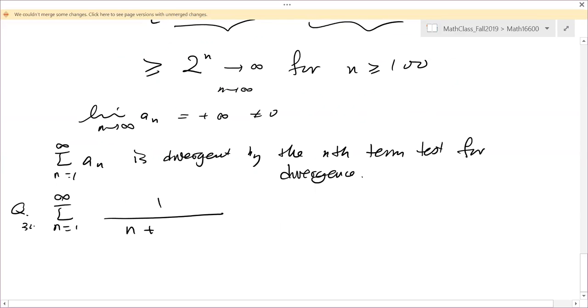This is number 34. I give you 30 seconds to figure out the ideas.